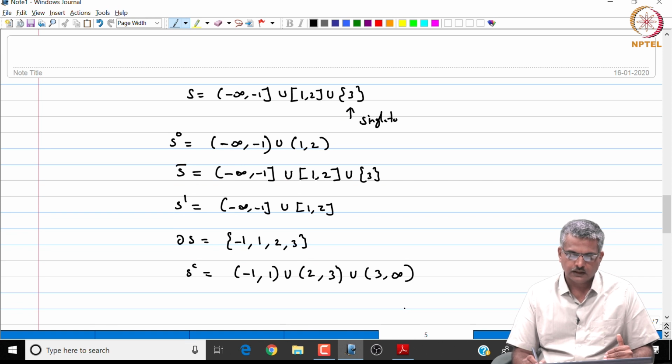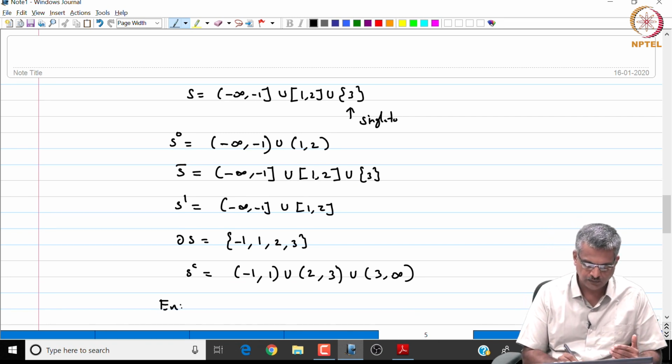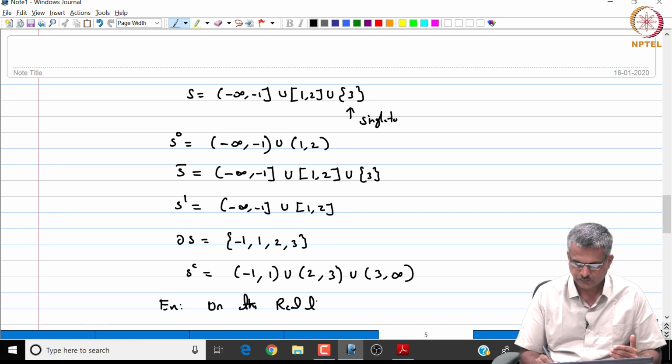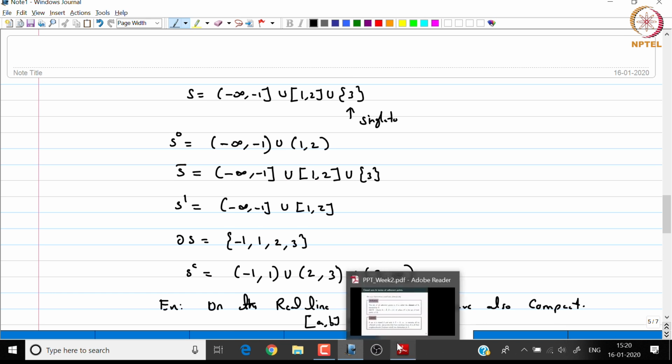In Rn we have seen that closed and bounded sets are compact. In fact, on the real line the closed intervals are also compact.